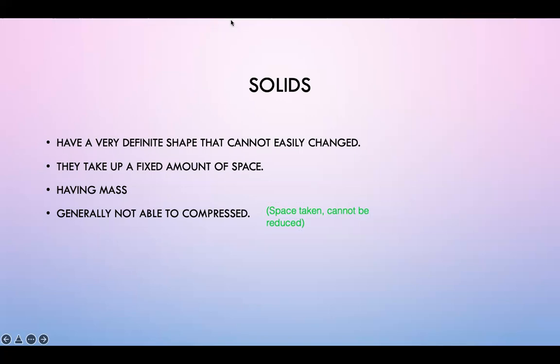Please write down and let me know once you are done. If you are done, let's move to the next one. Okay, finish it now. Take your time and finish it. So it has a definite shape. It takes a fixed amount of space, having mass, and not being able to compress.